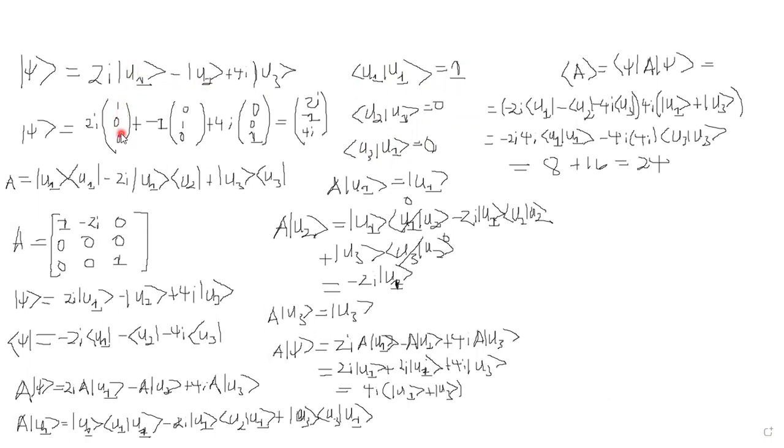This is a basis vector. This is a matrix representation of the basis. This is the other basis. This is like i, j, and k.